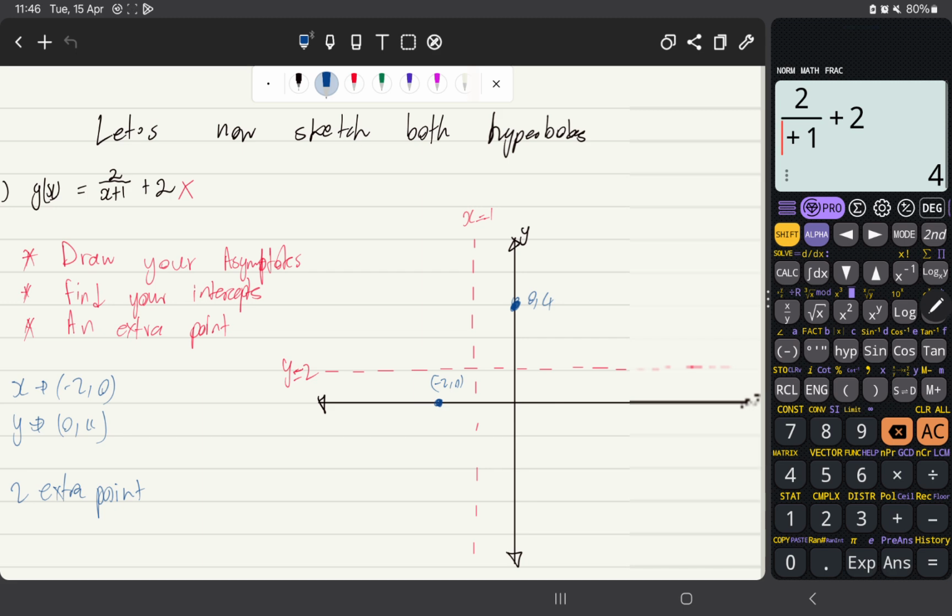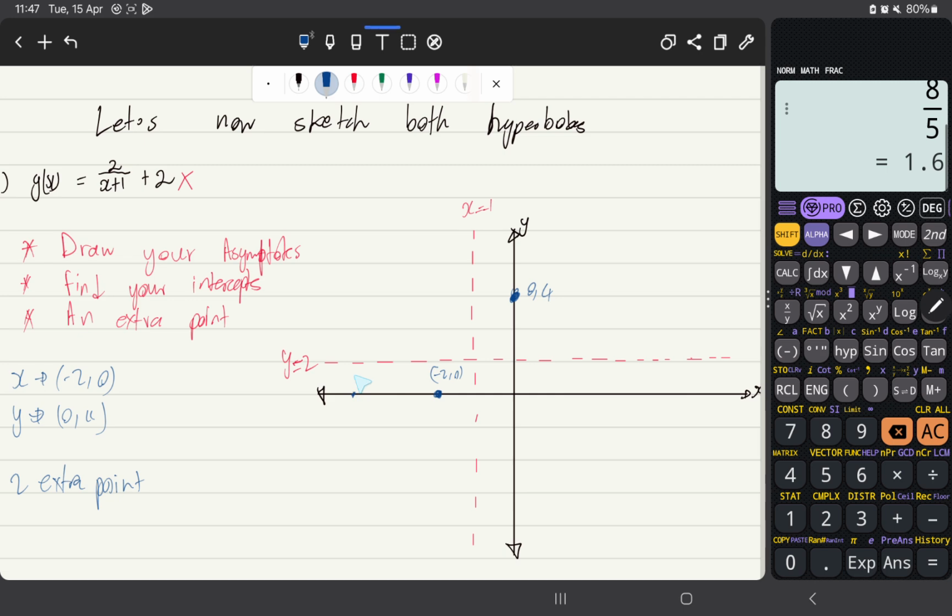Say for example, I substitute the value -6. -6 is somewhere here, that's where I have -6. I'm getting the value 1.6. So I could say I have the value somewhere there.